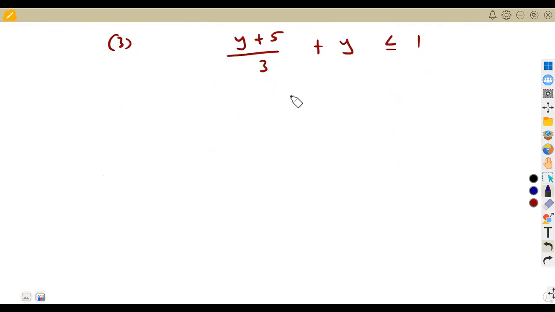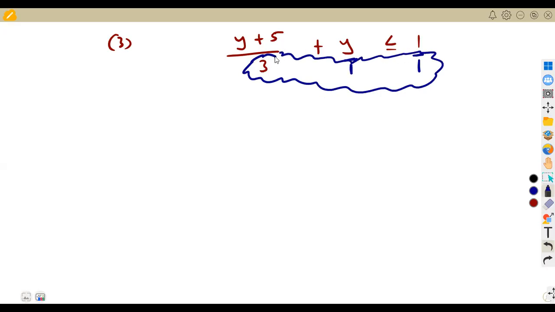Remember, I told you guys from our numbers that any whole number can be written as a fraction, at the moment we write it as over 1. So y can be written as y over 1, and 1 over 1. So that we can properly see our denominators, what is the LCD of these denominators. We've got 3, 1, and 1. So the LCD is going to be 3.